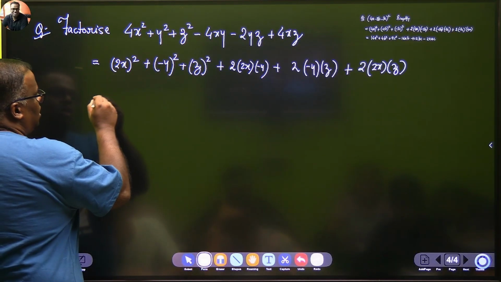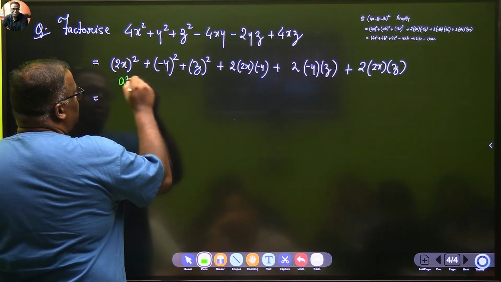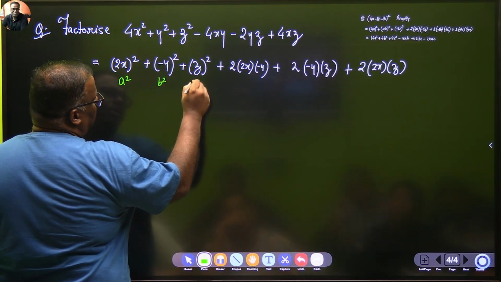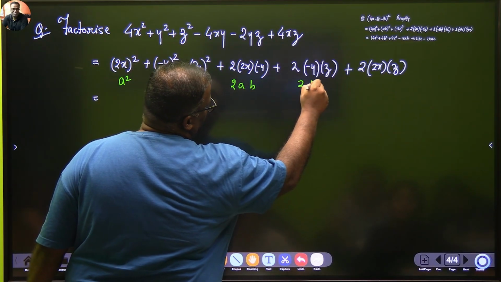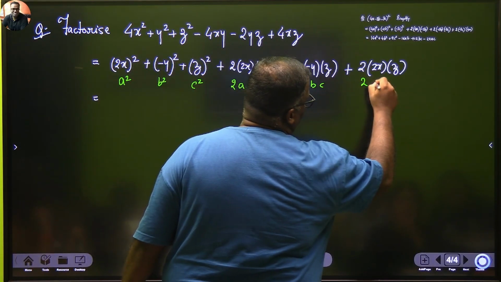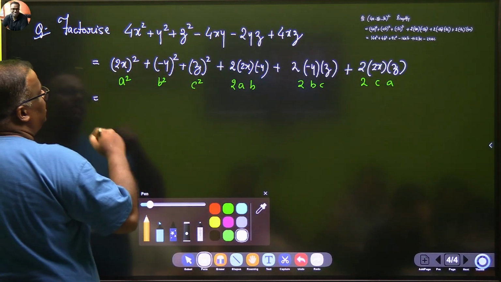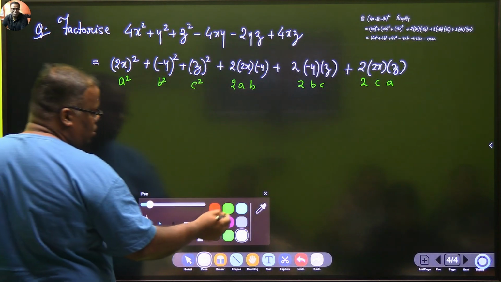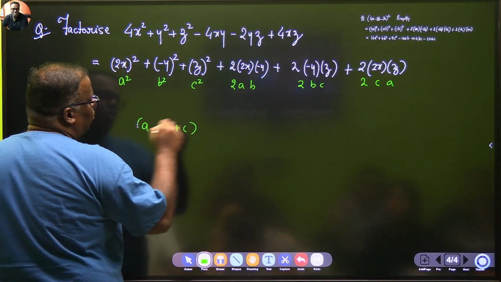So let's see now how it looks like. I'm changing the color. A², B², C², 2AB, 2BC, and 2CA. This allows me to use the identity. What identity can I use? My identity will be (A+B+C)².